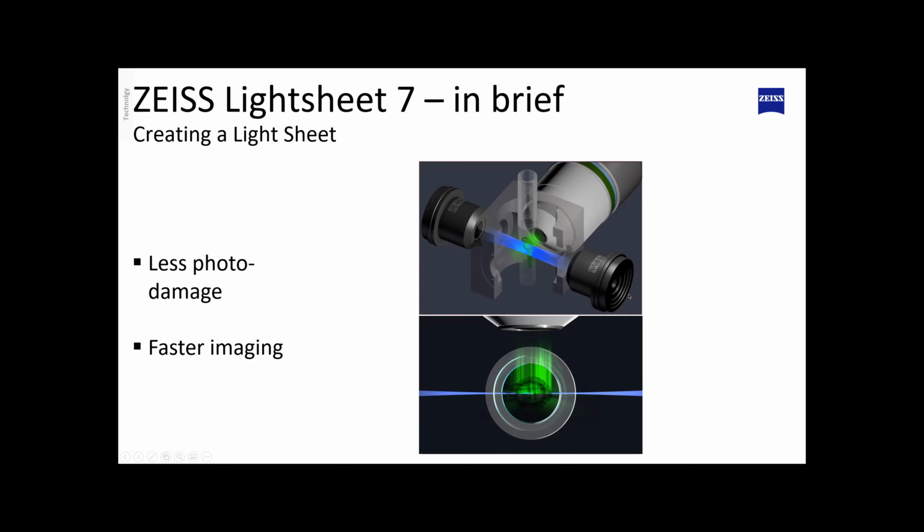These are your excitation objectives, so to speak. And you can see here we are forming a Gaussian shaped light sheet that at its flattest, thinnest waist is exactly where the detection of your fluorochromes will happen.